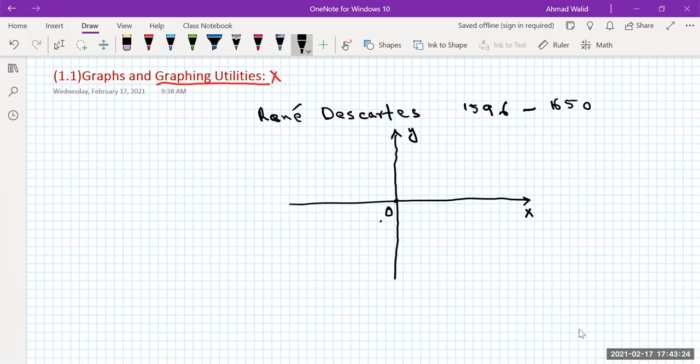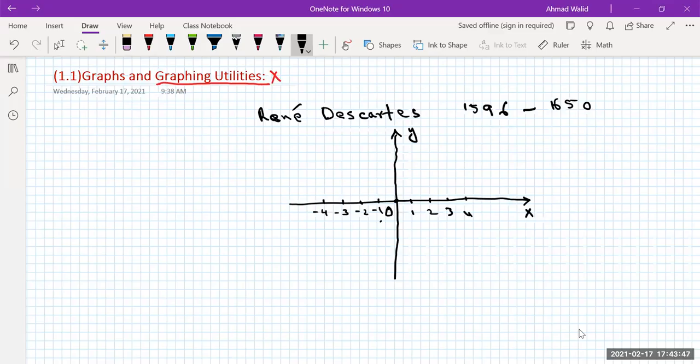Correct? When I'm telling you these are two number lines, it means on the right side of 0, you definitely have positive numbers, 1, 2, 3, 4. On the left side of 0, of course, you will see negative numbers, -1, -2, -3, -4.